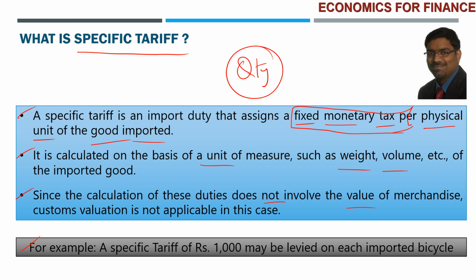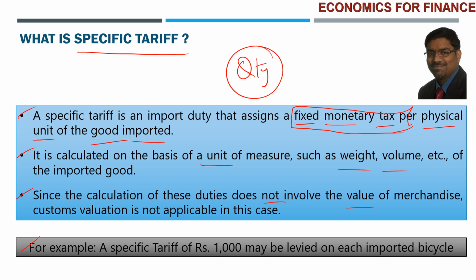What some people can do, they will not import bicycles. They will only import the spare parts of the bicycles and they will do assembly here. They will not pay 1 rupee tariff also. But effectively, each part of the bicycle that is assembled in India actually has been imported, let us say. Then the purpose of charging the customs duty is defeated.